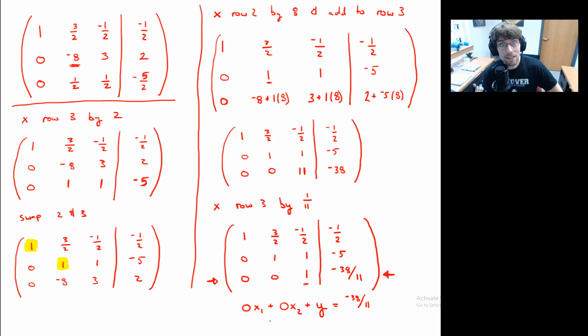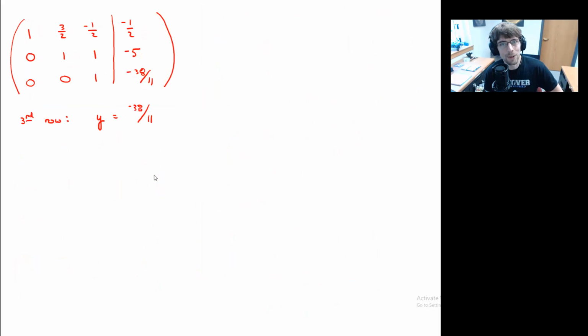Okay. But wait, there's more. Now let's go up one row. And I'll go ahead and write this on another page. Okay, there we go. So I've rewritten everything. And I've noticed again that the third row gives you y is equal to 38 over 11.